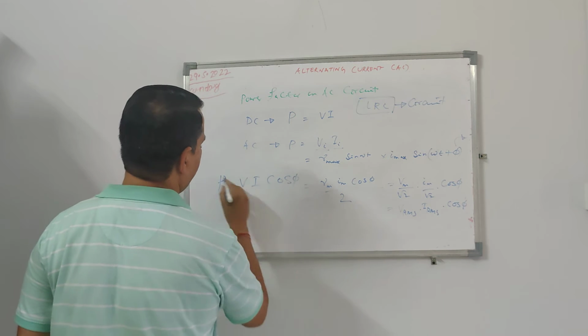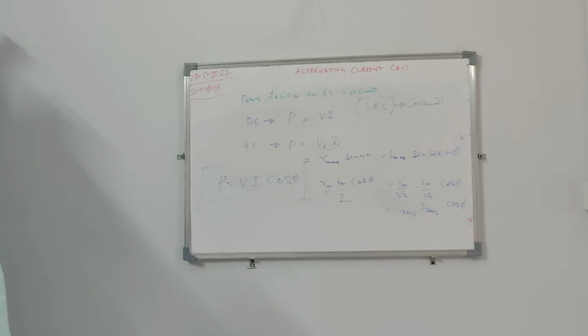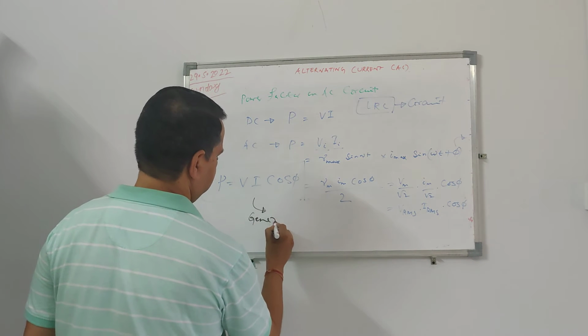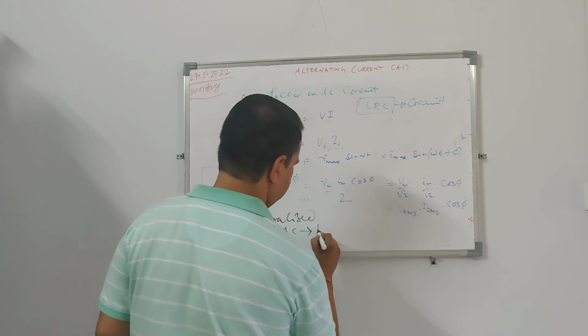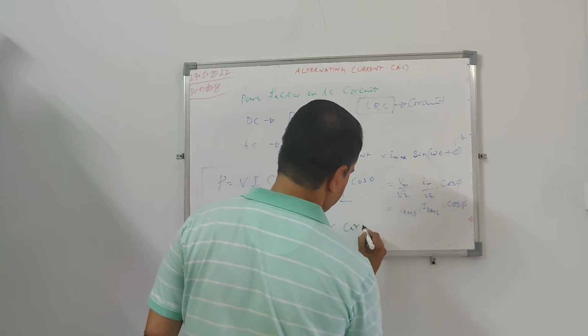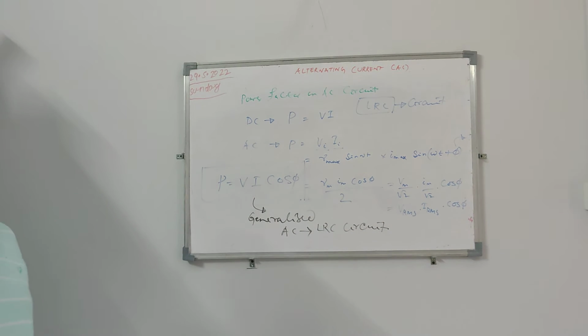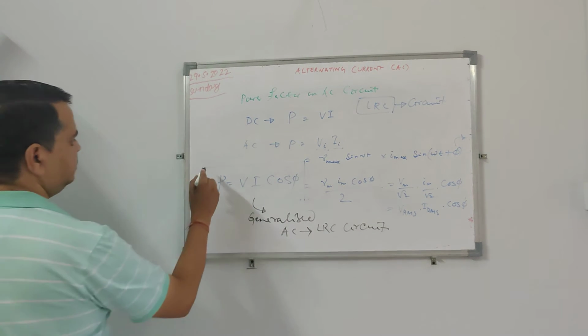This is the equation of power consumed in a generalized AC LRC circuit. But this is for AC, whereas for DC, power is equal to just VI.